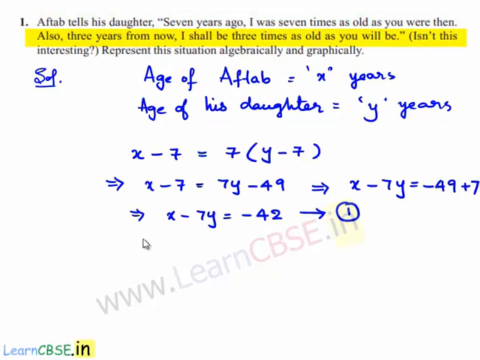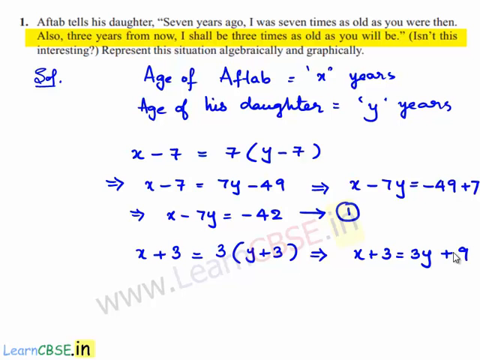By using the second condition, we can write the age of Aftab after 3 years is x plus 3. This is equal to 3 times the age of his daughter after 3 years, which is y plus 3, which implies x plus 3 is equal to 3y plus 9.